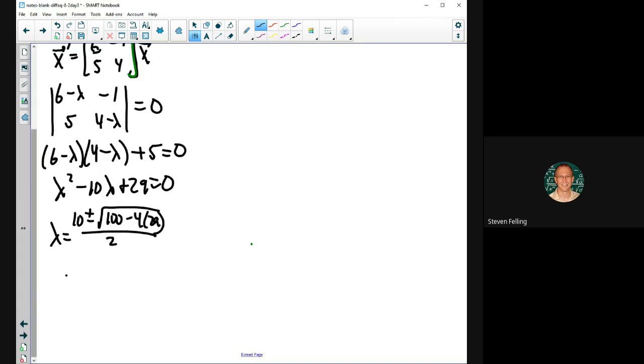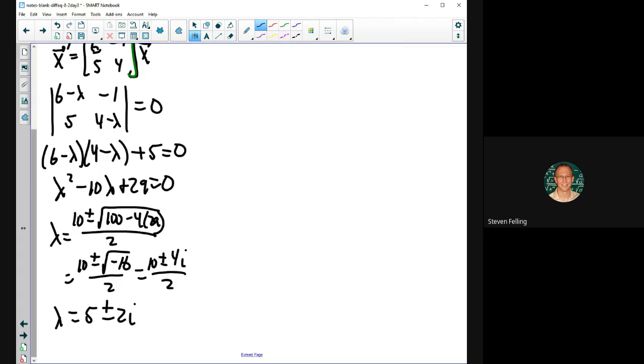And so that's going to end up being 10 plus or minus the square root of negative 16 over 2, which is the same as 10 plus or minus 4i over 2, because the square root of 16 is 4, but it's a negative square root. And so lambda ends up being 5 plus or minus 2i, okay? So we have a complex conjugate pair of eigenvalues for this system.